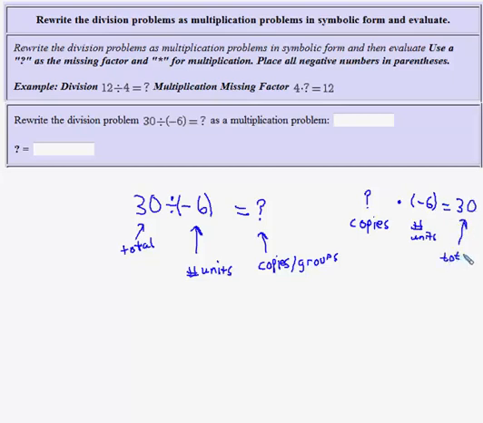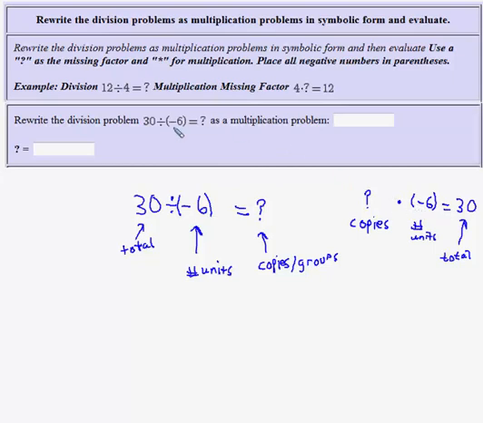So you can see that the 3 players in this statement are the same as the 3 players in this statement. It's just that they're rearranged and written a different way. The meaning of each of the 3 things is the same, and the meaning of the entire statement is the same. So all division problems can be thought of as multiplication problems.